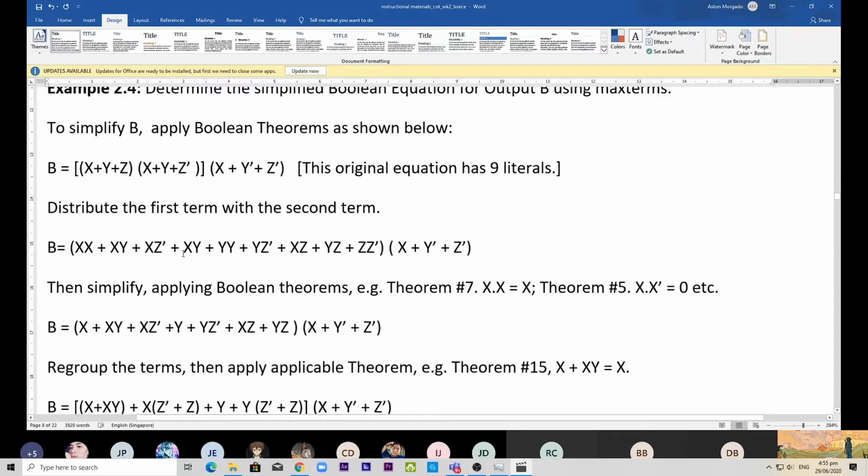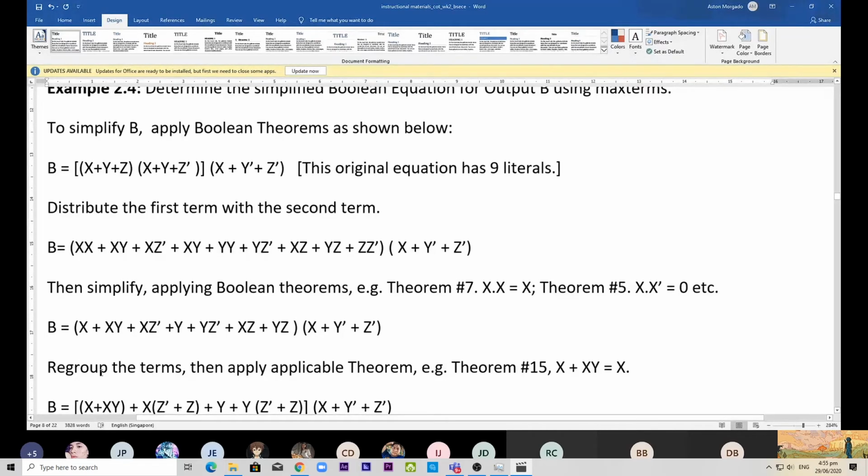So we have 2xy, which is simply equal to xy. If you have two similar terms, you keep only one. So it's like a plus a is a, so xy plus xy is xy. Then yy is y, yz prime, then xz, yz, then zz prime is 0.